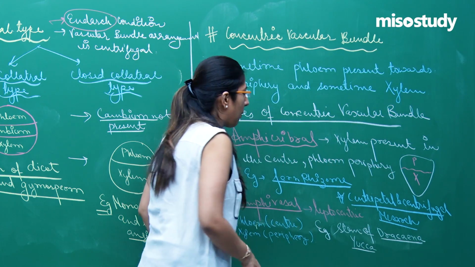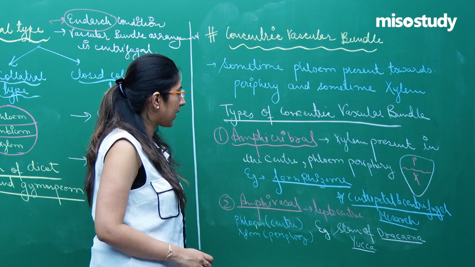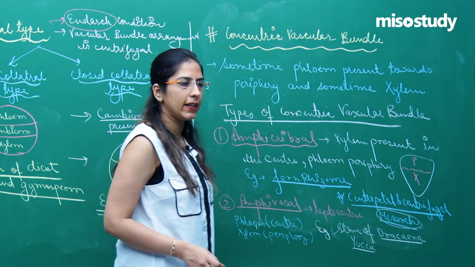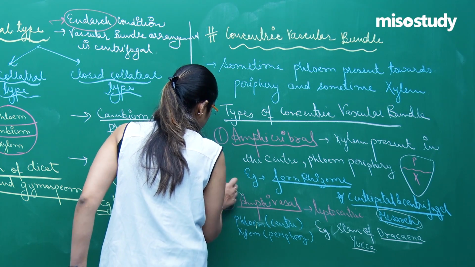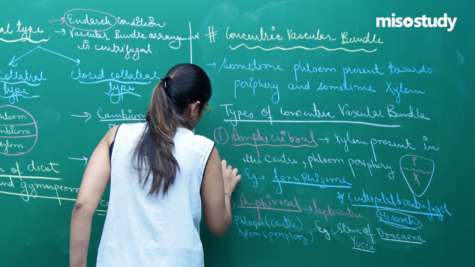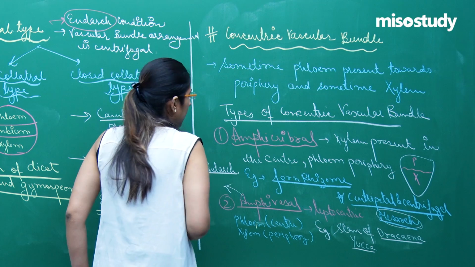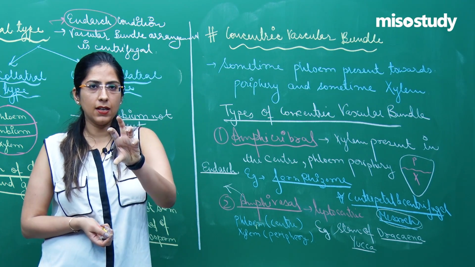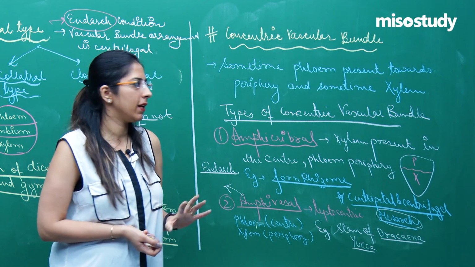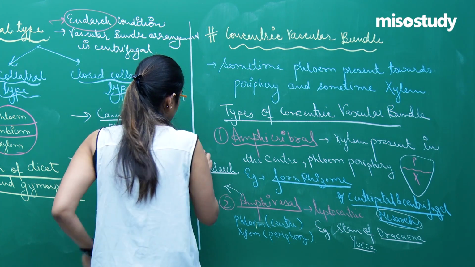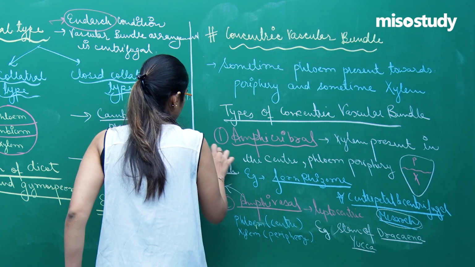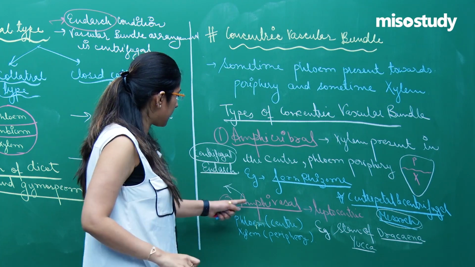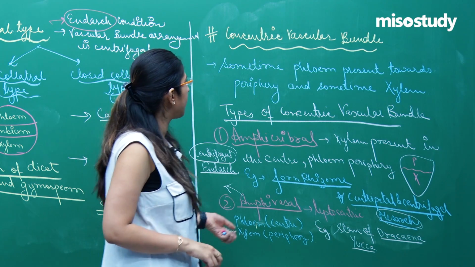So, these are the two examples, right. In the earlier case, the mesarch condition can be seen. In this case, the endarch condition can be seen. Endarch condition means the protoxylem is present in the center and metaxylem is present in the periphery. So, this type of arrangement is also called as centrifugal. This is an amphivasal type, earlier it was amphicribral type.